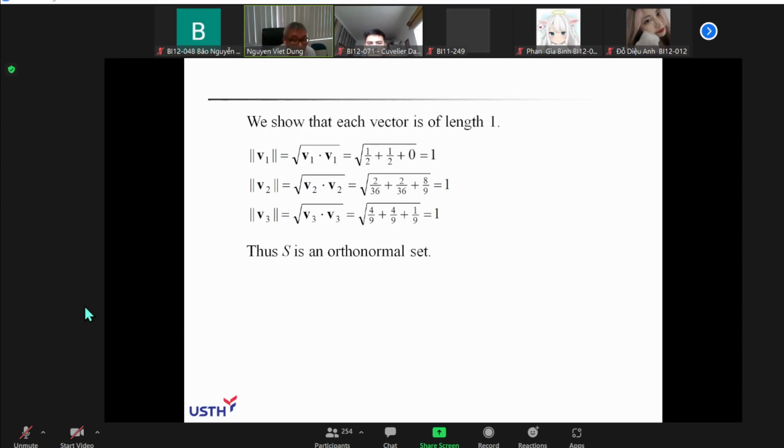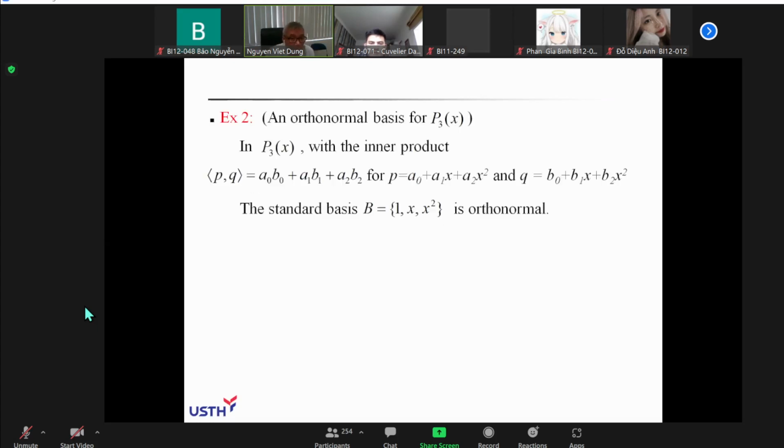But once again, I would like to remind you that it is no longer the standard basis. That is a new one. That is another example, but I think that we should stop here for a short break, and we're coming back after 5 minutes. So please take a break.